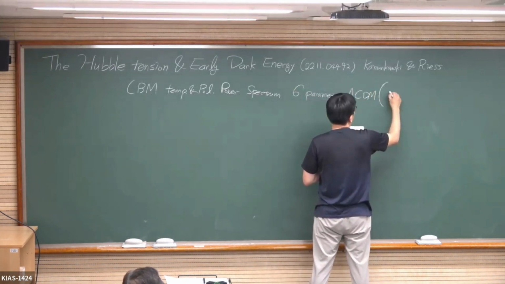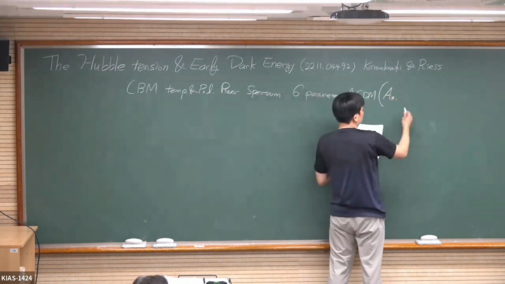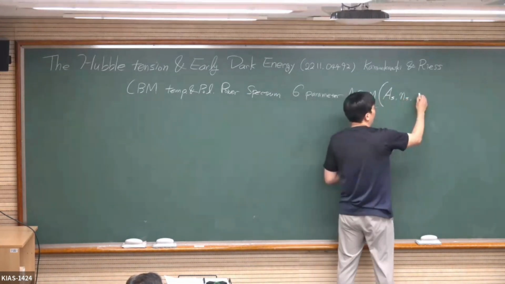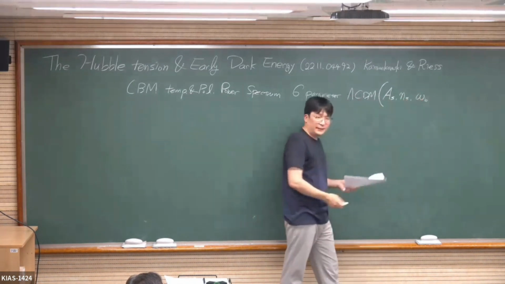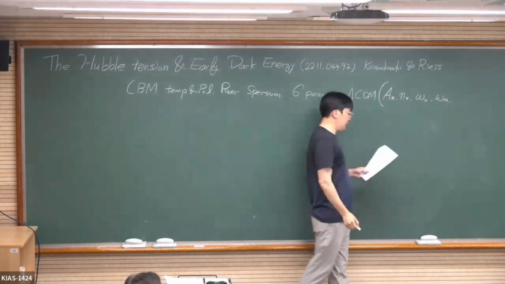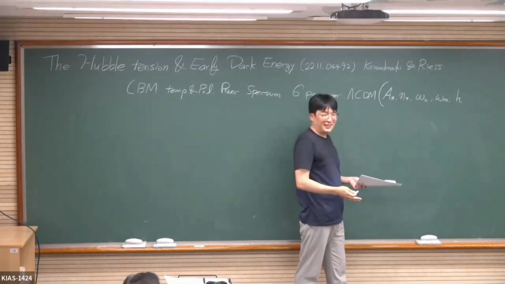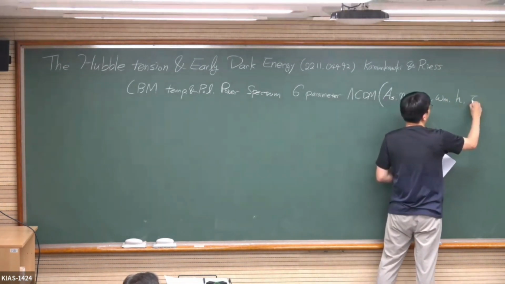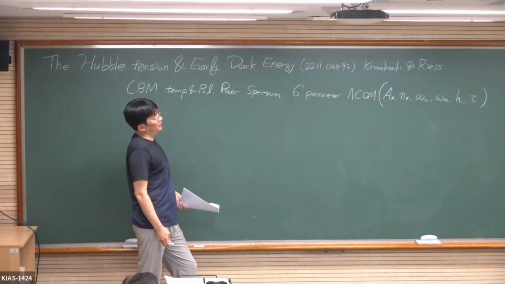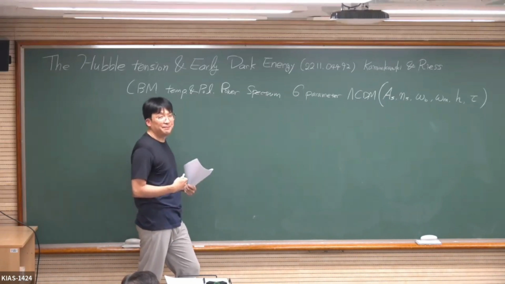Those 6 parameters are A_s, the amplitude of the primordial density fluctuation; n_s, the tilt of the primordial density fluctuation; omega_b, the baryon density at present time; omega_m, the matter density at present time; our favorite H, the Hubble parameter at present time; and tau, the optical depth. Optical depth means the fraction of CMB photons that we observe now which is primordial. That is e to the minus tau.